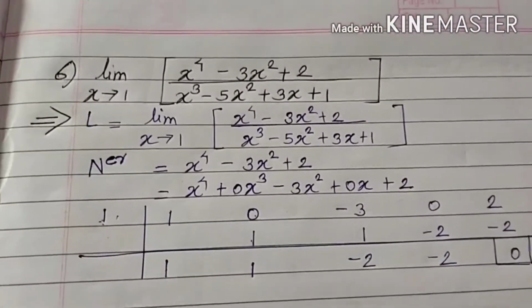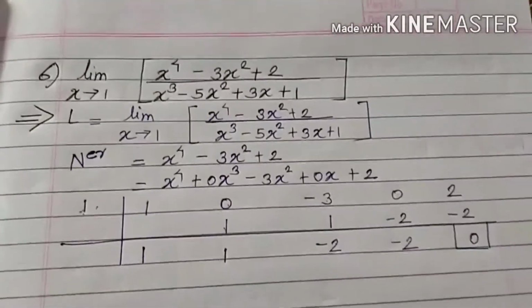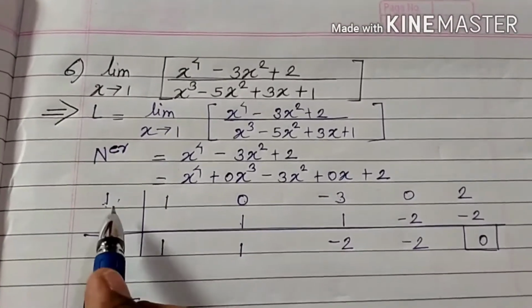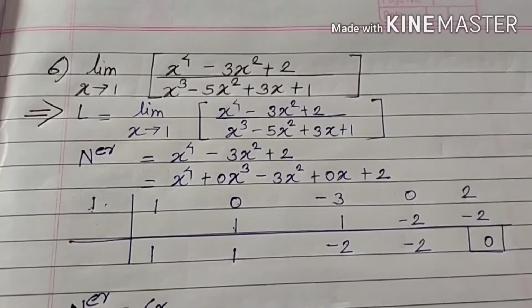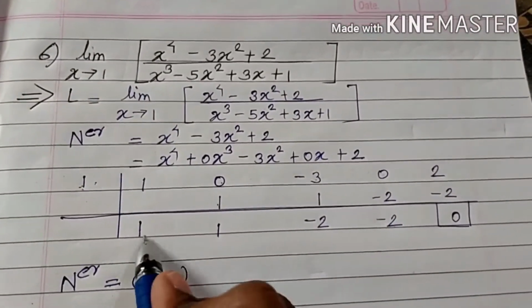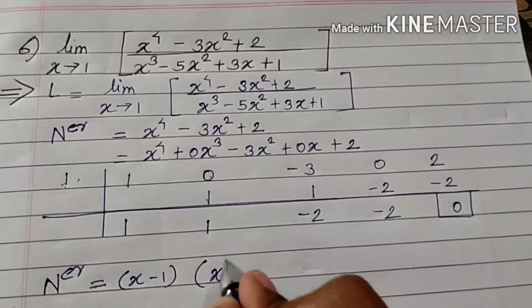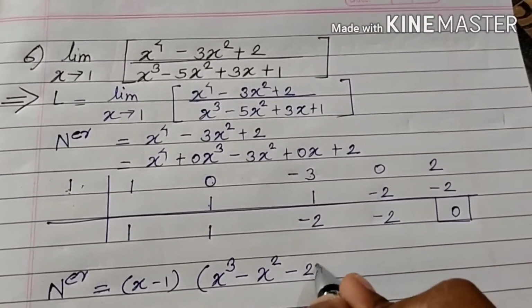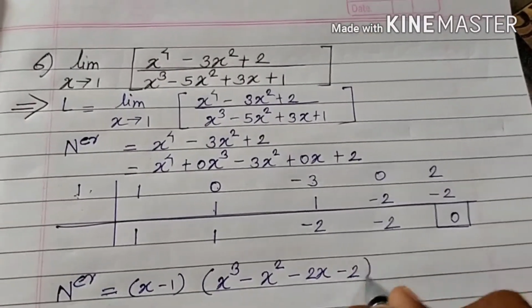So our numerator is equal to, first this factor, so it is x minus 1. Now count the power 0, 1, 2, 3. So it is x cube minus x square minus 2x minus 2.